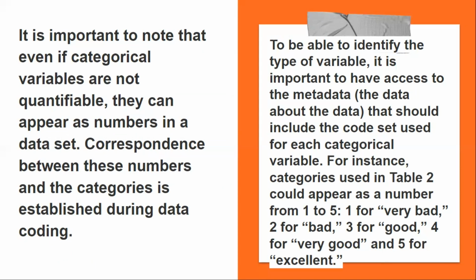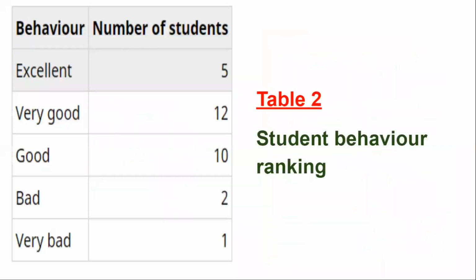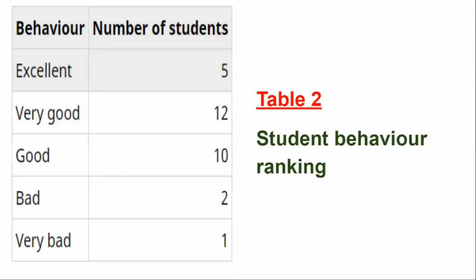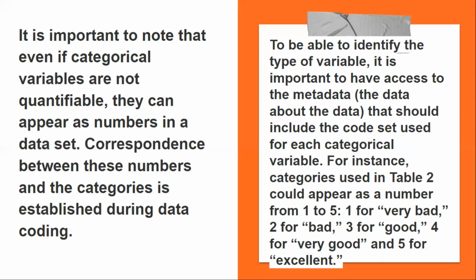For instance, the categories used in Table 2, this table on behavior. The categories could appear as numbers 1 to 5: 1 for very bad, 2 for bad, 3 for good, 4 for very good, and finally 5 for the modality excellent.